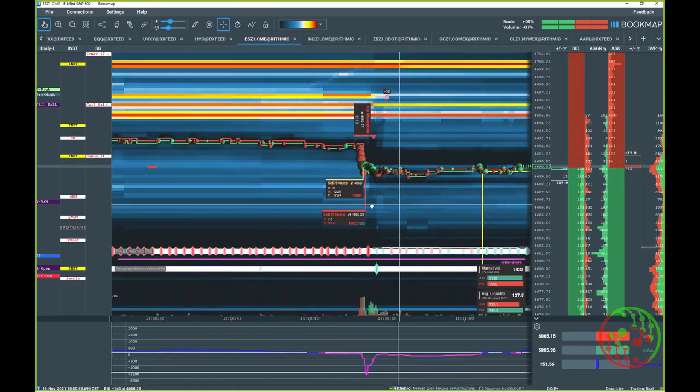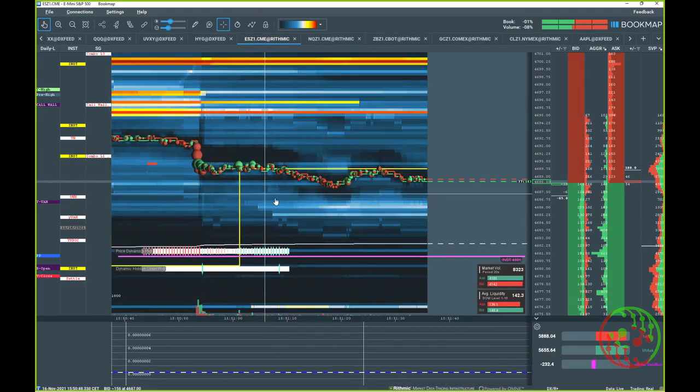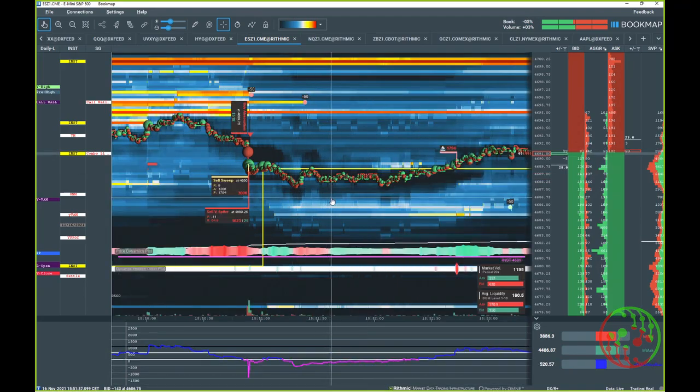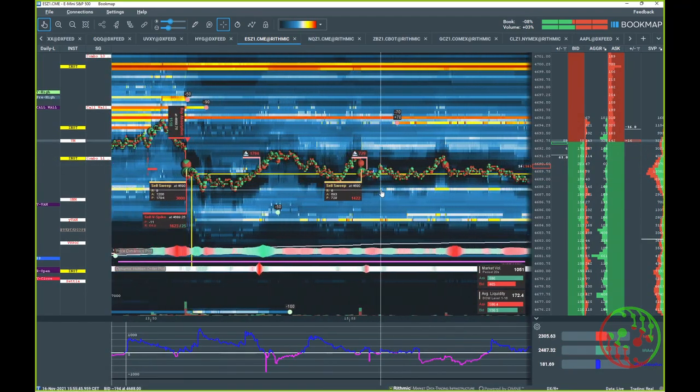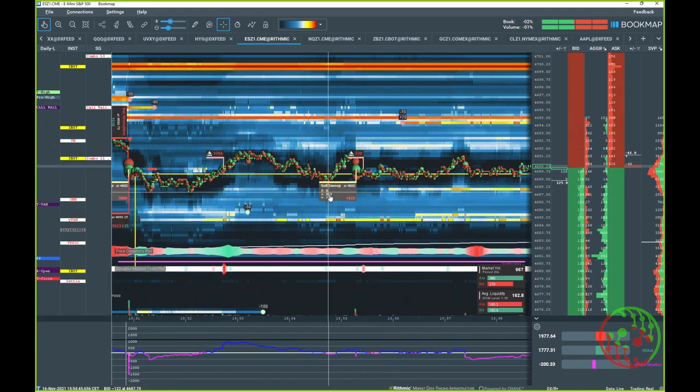And he tried again a few minutes later, using the same mechanism.